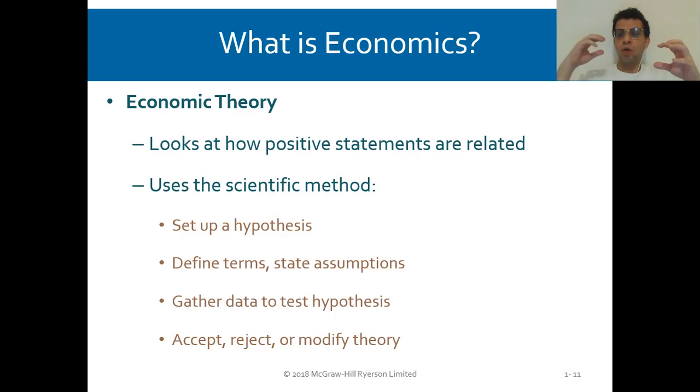So 2X will result in Y. And then you gather the data again, and it's approved, and then you accept it.